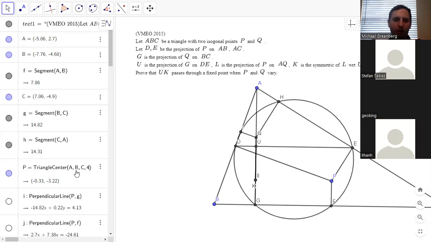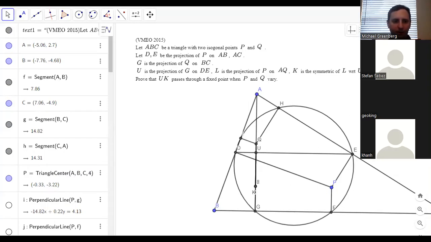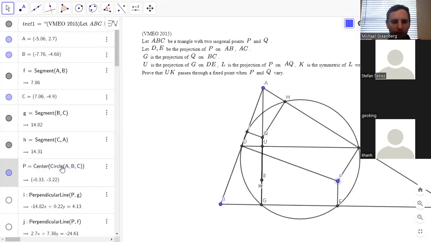Yeah. Isn't this the notation for the orthocenter though? Triangle center ABC 4? I don't use GeoGebra that much, but why doesn't it work? Yeah, I don't know why. It's weird. Let me see. Wait, P. I don't know if I typed something wrong.